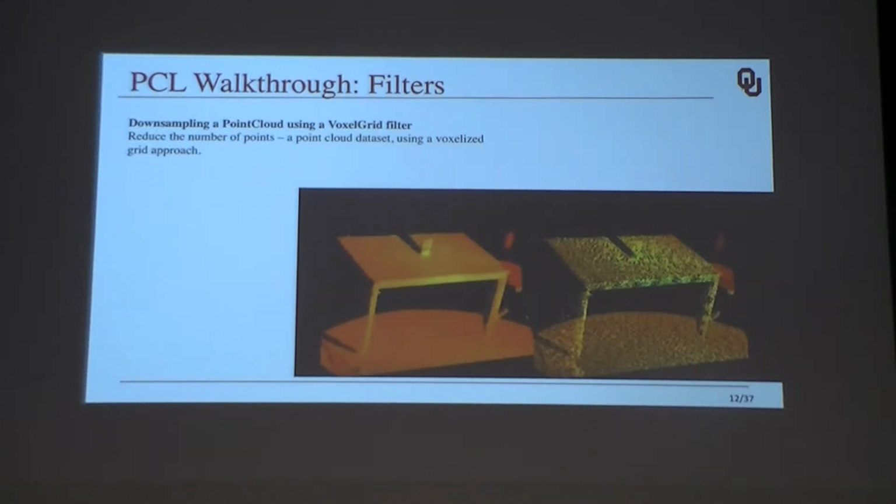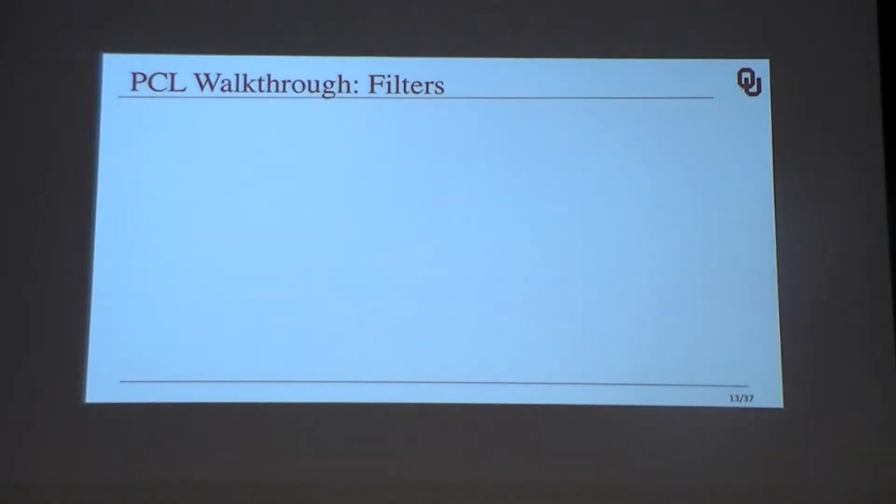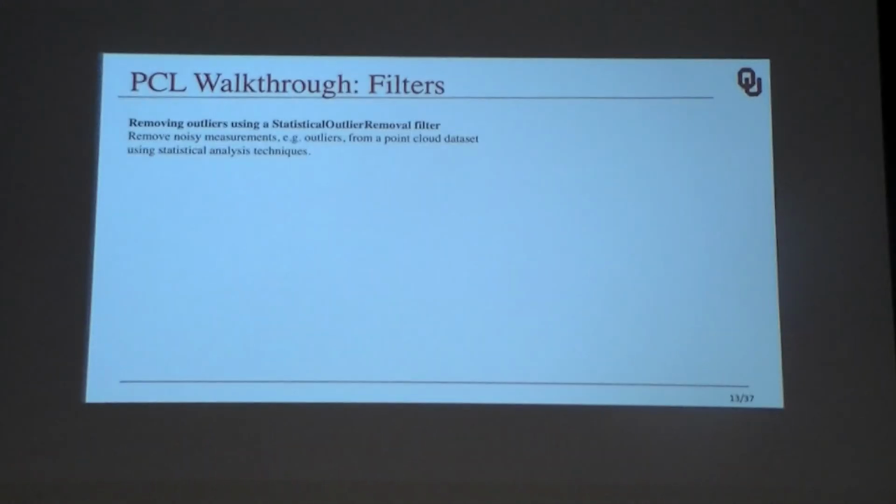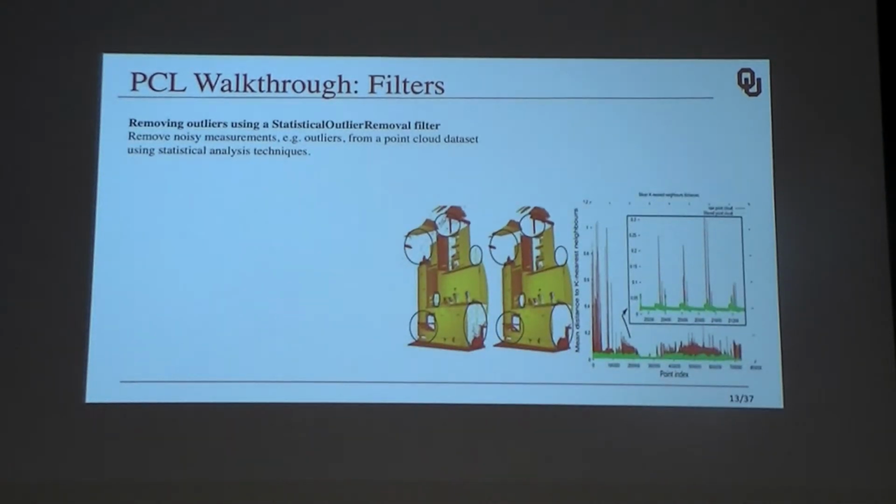So this is the second filter, called voxel grid, to do downsampling. The third one is statistical outlier removal. It's the same as the first type. It's used to remove some outliers or noisy points using some statistical methods.